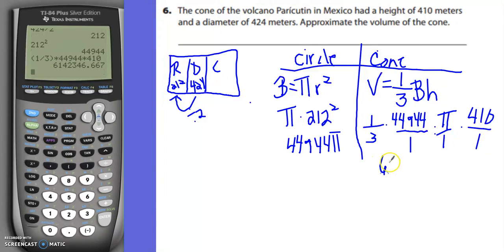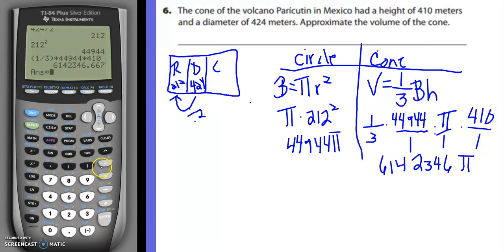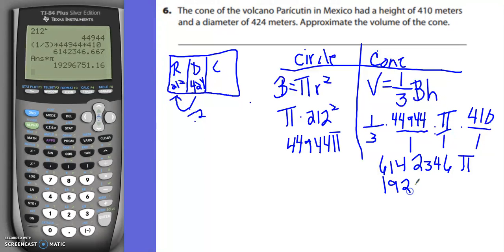We have 6,142,346 pi. So times pi. All right, we got 19,296,751. And our units are meters cubed.